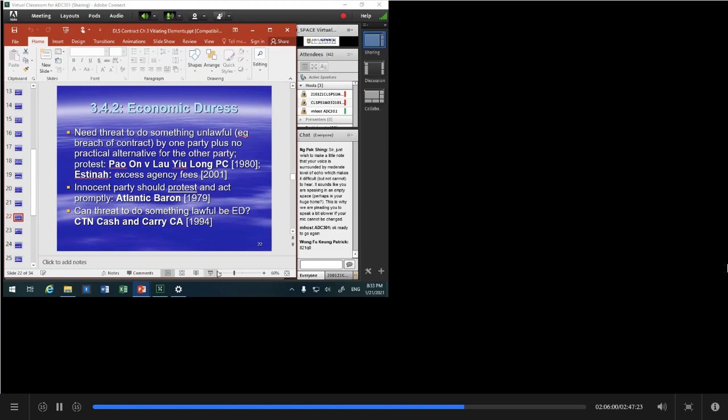Because one of the main ways of rebutting any claim for undue influence is to provide evidence that the weaker party has been given independent legal advice. And if there is independent legal advice, that rebuts any claim for undue influence. Okay?